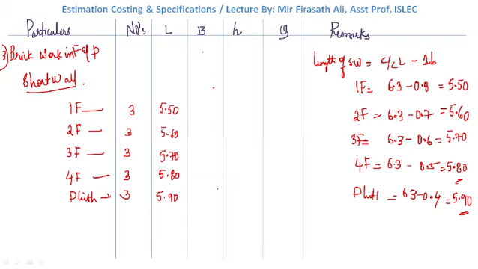What is the breadth over here? Here we have 0.4, here 0.5, here 0.6, here 0.7, here 0.8.